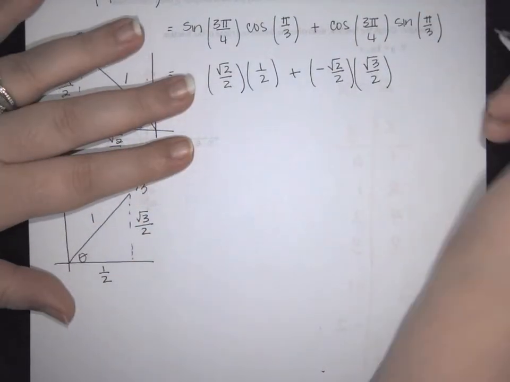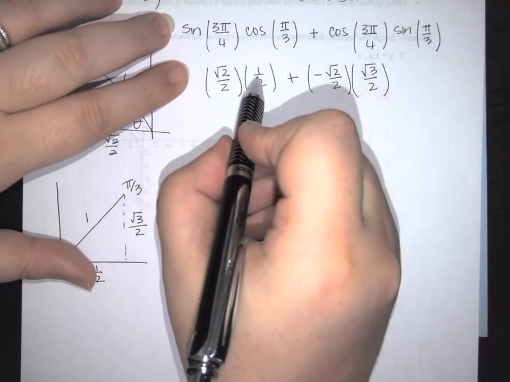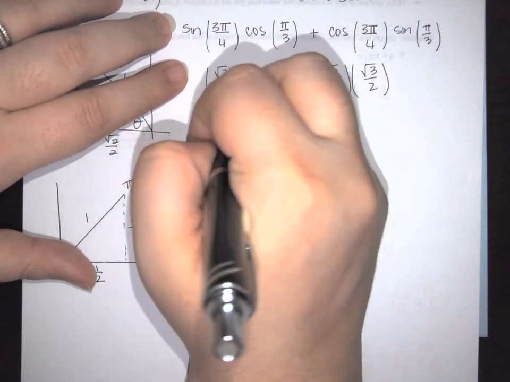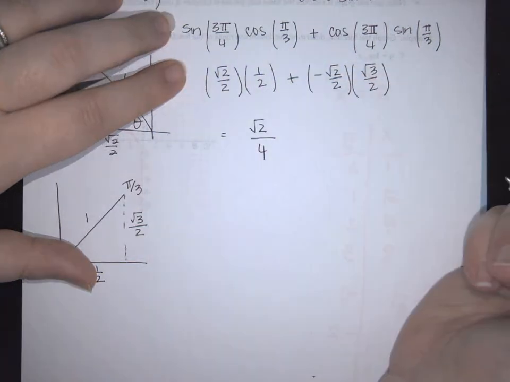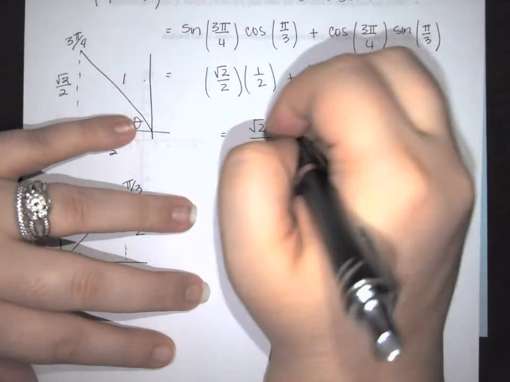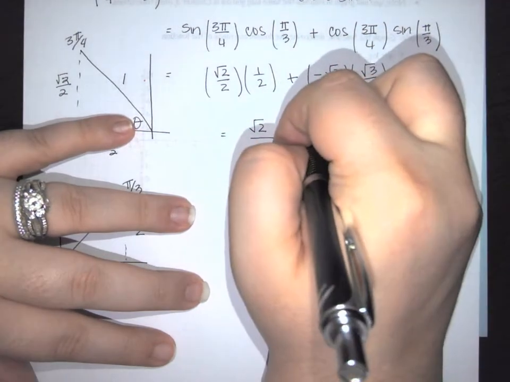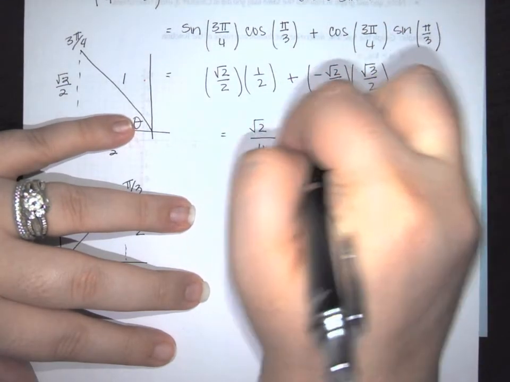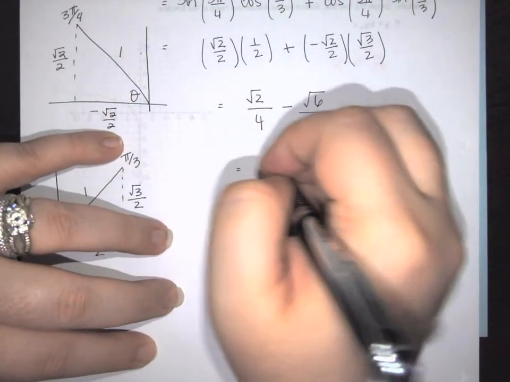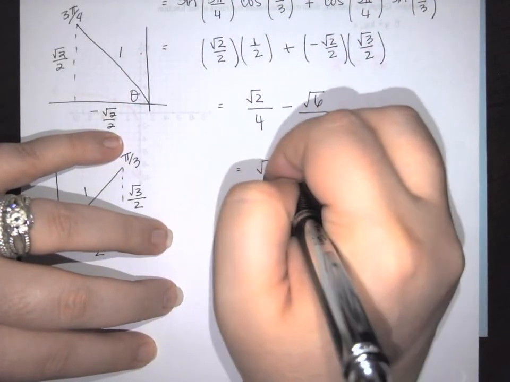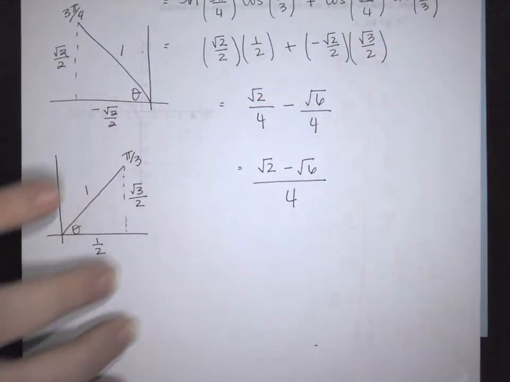Now I need to do the math, so I'm going to go ahead and multiply. The square root 2 times 1 is going to give me the square root of 2, and 2 times 2 is 4. Plus a negative makes this subtraction. Square root of 2 times the square root of 3 is the square root of 6. 2 times 2 is 4. Again, I can put it all together, and this gives me the square root of 2 minus the square root of 6 all over 4.